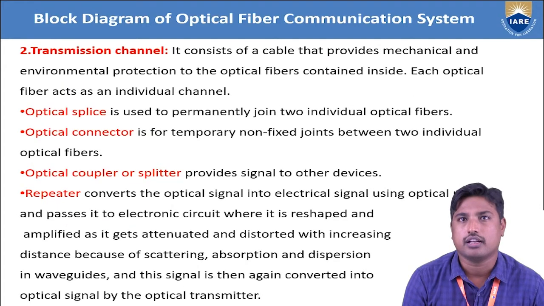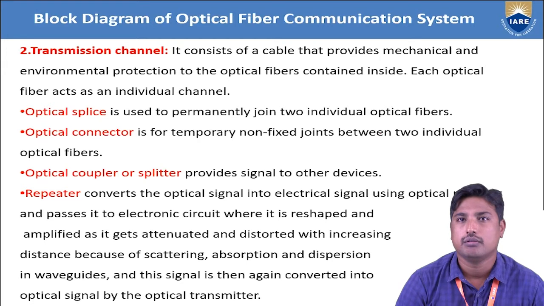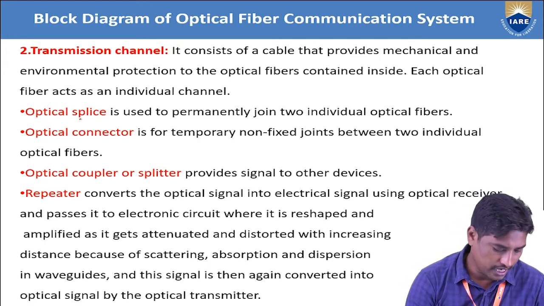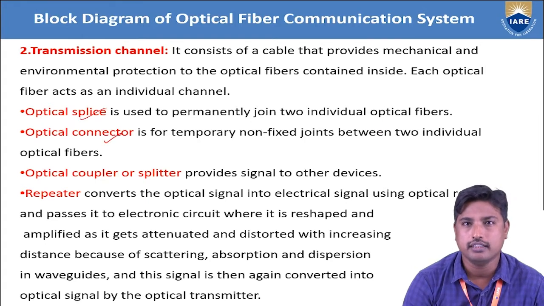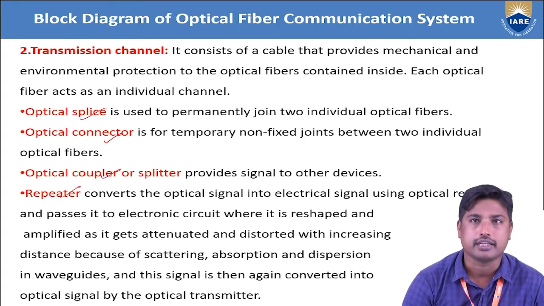Coming to the optical transmission channel. Usually the transmission channel consists of only the optical fiber cable, but going in detail, it has parts: optical splice, optical connector, optical coupler or splitter, and repeater.